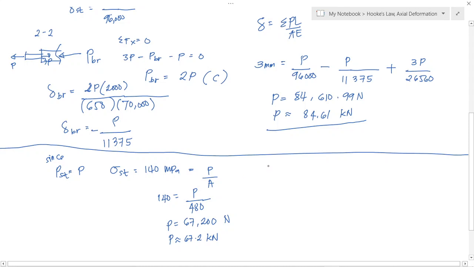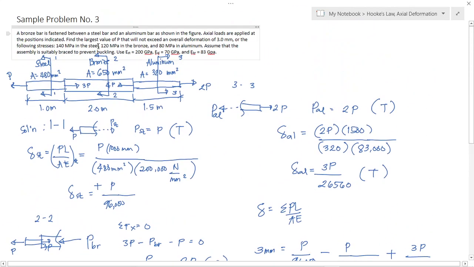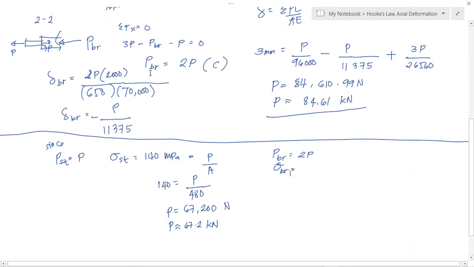Now, considering bronze naman, from here, we have found out that the P bronze is equivalent to 2P. Then the allowable stress is 120 megapascal.